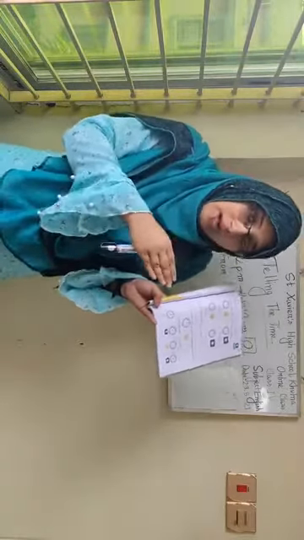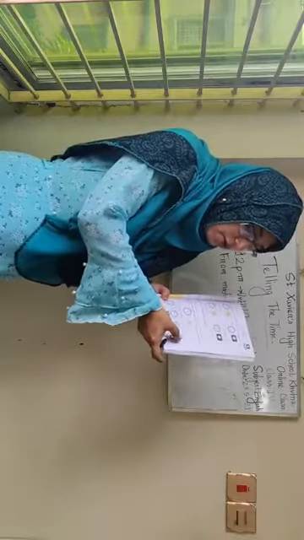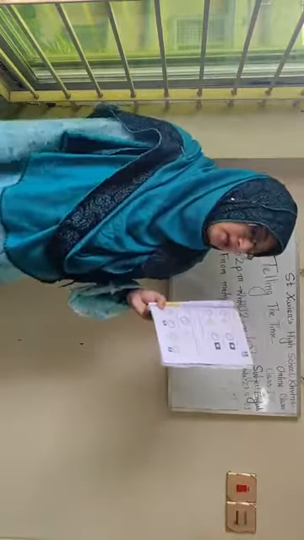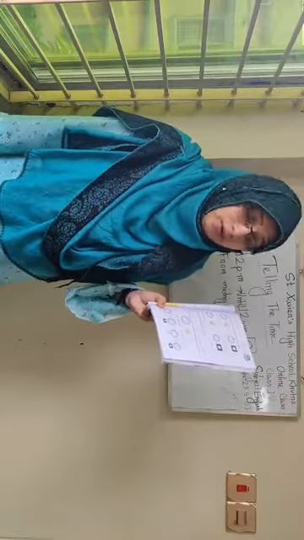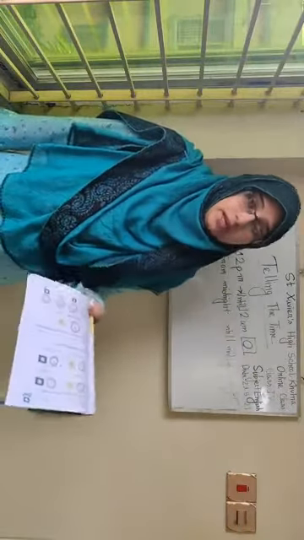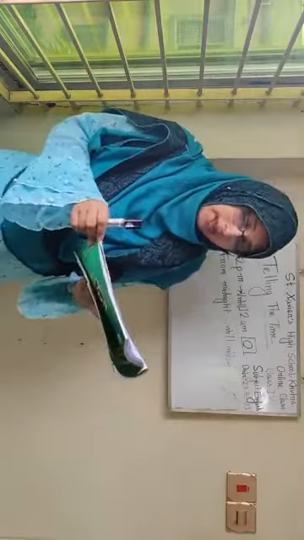Now 6, you can see a sun here, এখানে সূর্য দেখতে পাচ্ছ, তার মানে that means 6 am. And next 4, and you can see a moon here, so you can say 4 am.